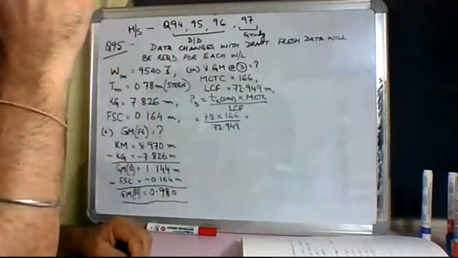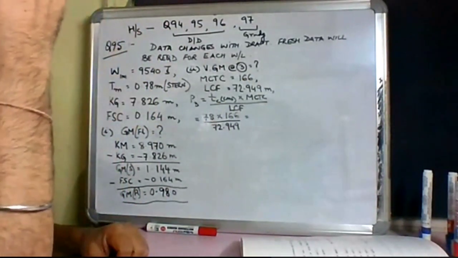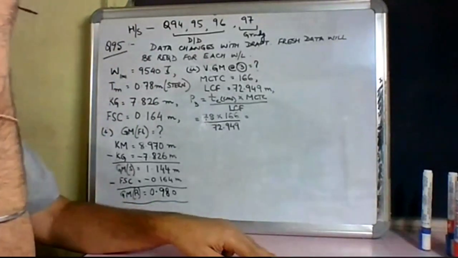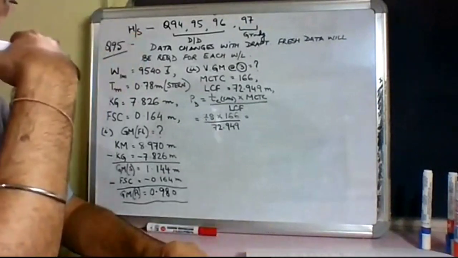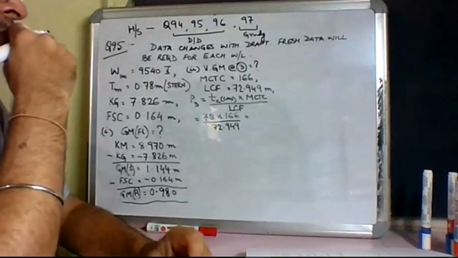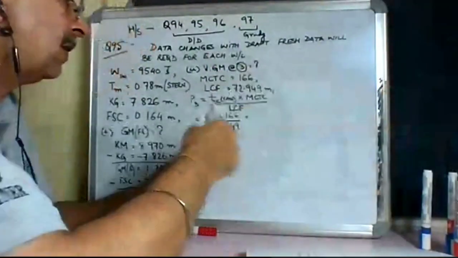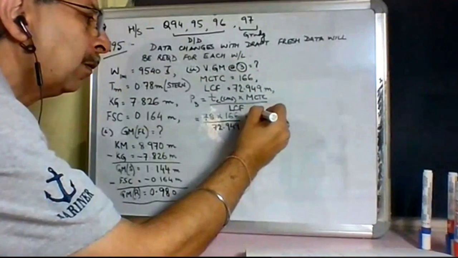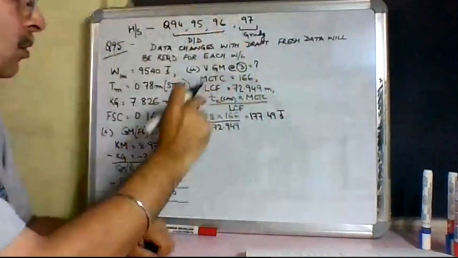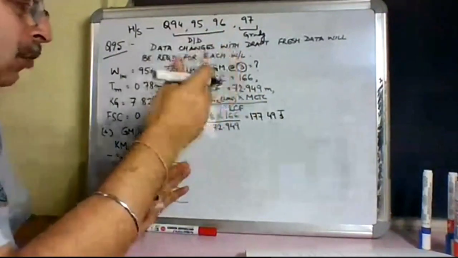So P3 comes as equal to 177.49. Okay. So this is my P, which is required for my vessel to go on waterline number 3 all over on the blocks.